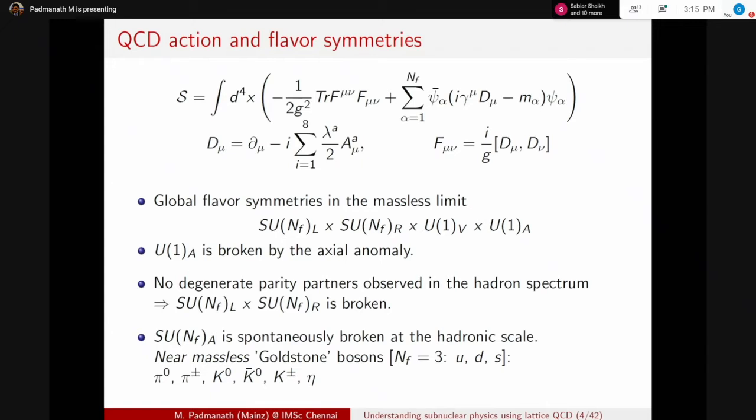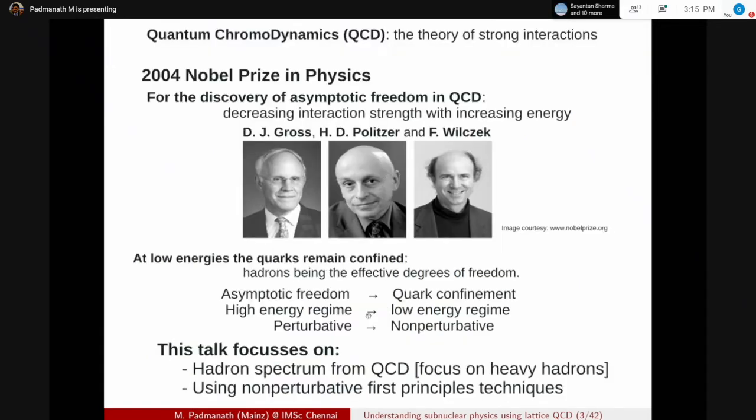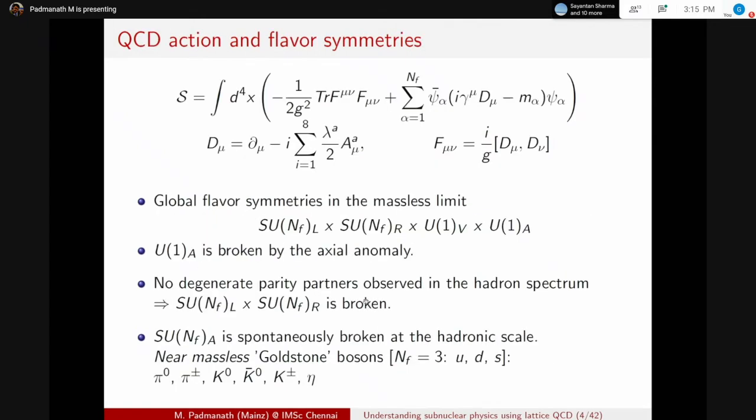So here I put the QCD action, where you have the gauge action here and the fermion action here, which has a mass term. The derivative here stands for the kinetic term, which is a gauge covariant derivative, and this A is basically the gluon field, which brings in the interaction between the fermions and the gauge fields.